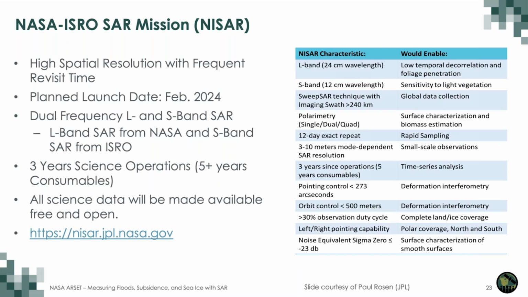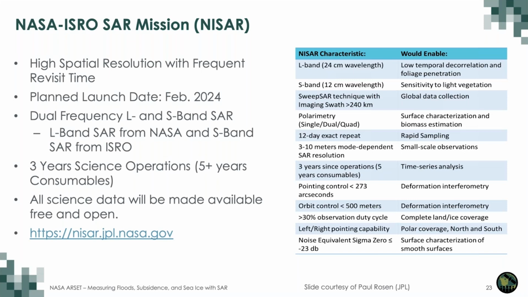That's the other thing about the NISAR mission: it's designed to have a very high capability of acquiring and downlinking data. So it's going to be turned on over land every time it's over land.